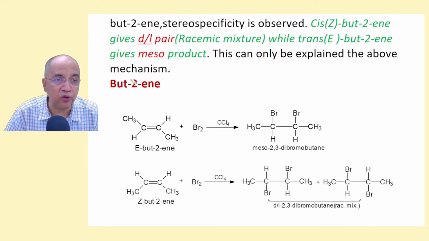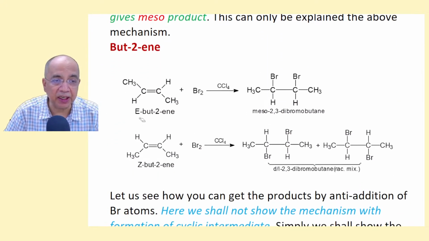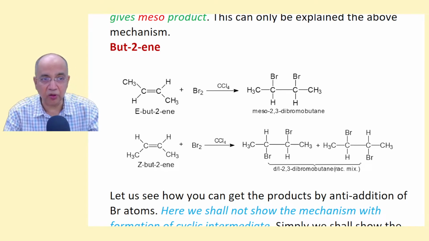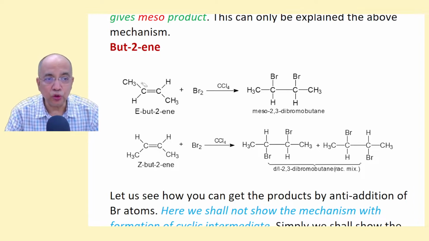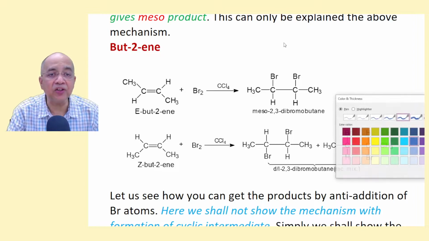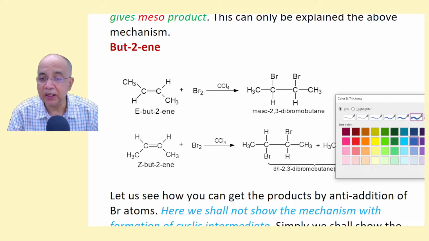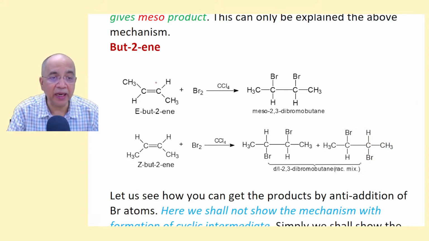Now see butene. If it is E, trans, and the addition mechanism is trans, have a look. The two groups are trans and the halogen atoms will come trans. Now see the halogen atom. This is one possibility.